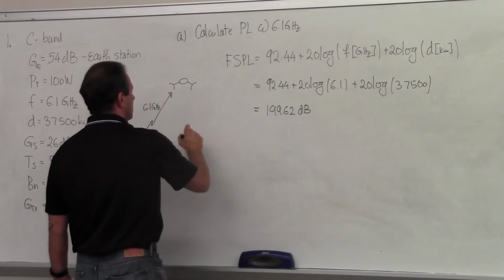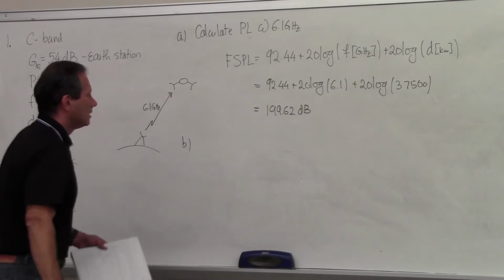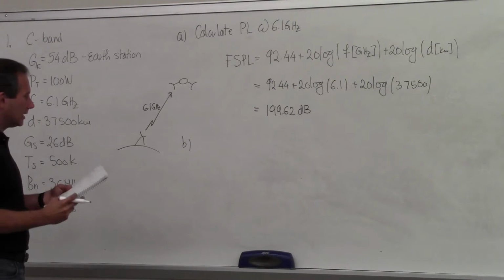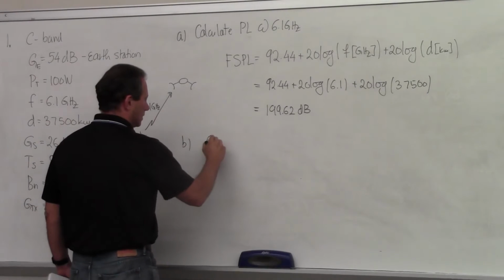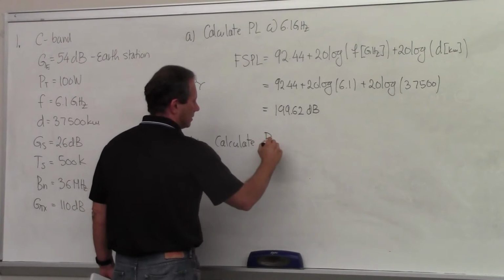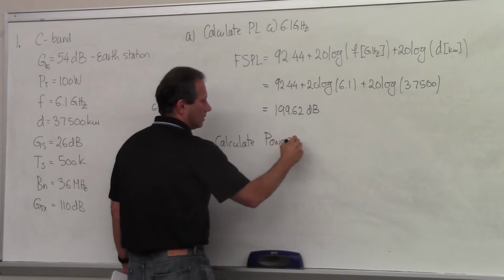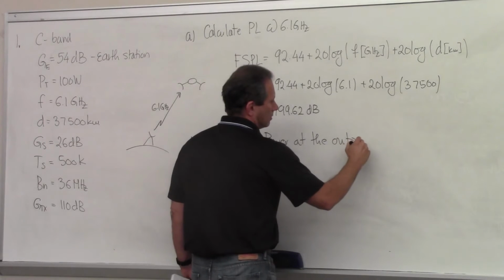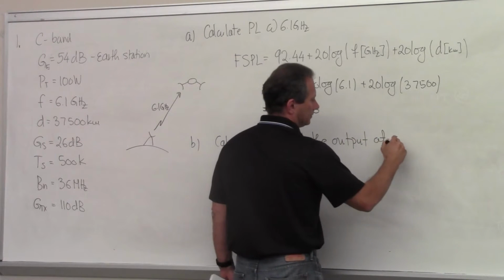Part B says calculate the power at the output of the satellite antenna.